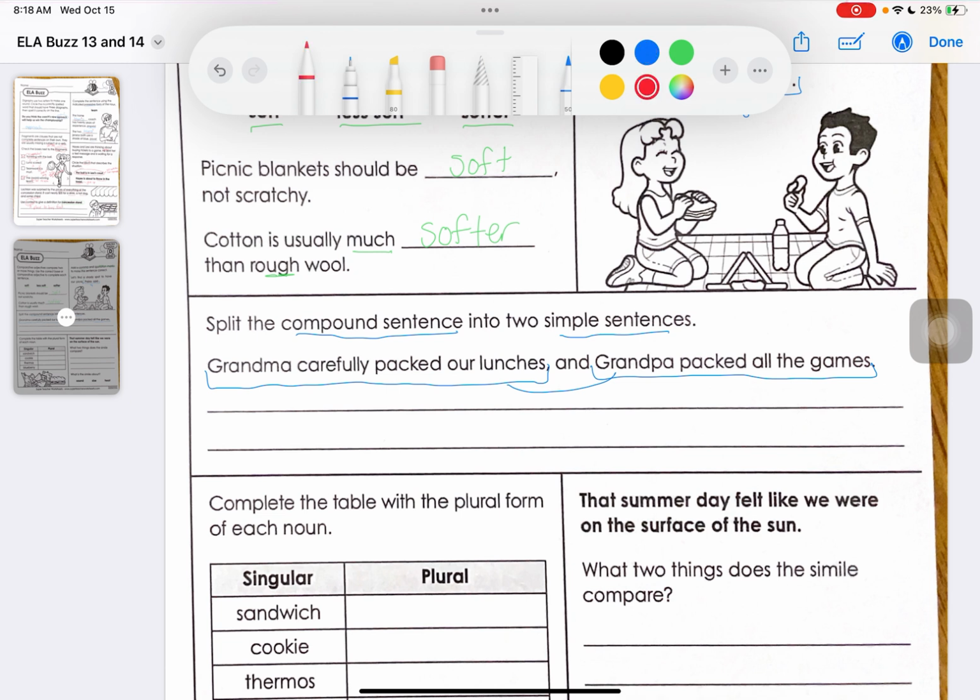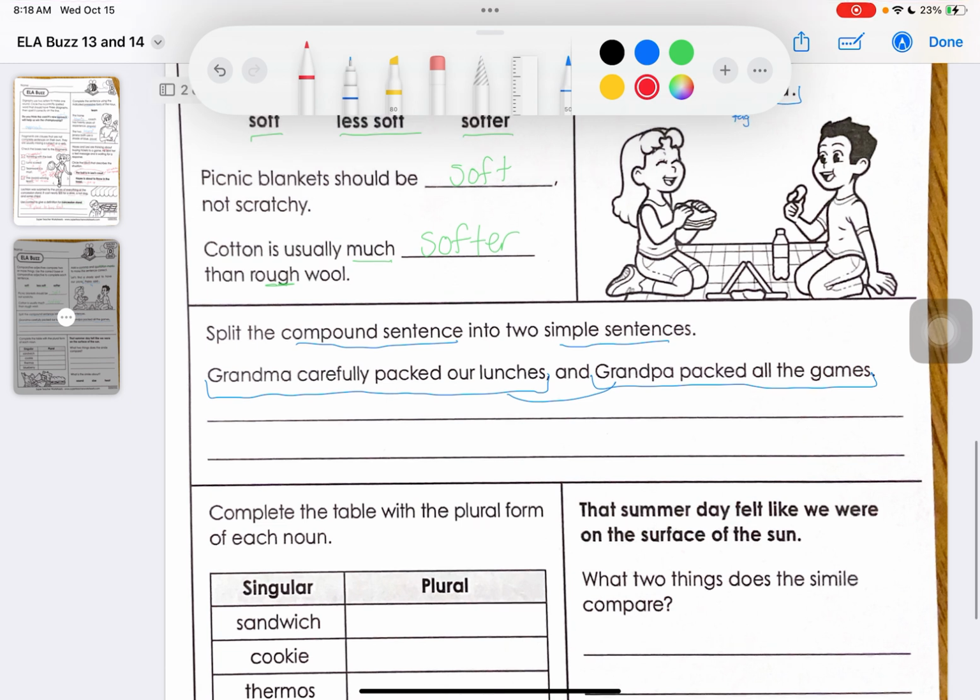So the first sentence would be, if it's okay, I'm not going to write it all out, but you can. It would be Grandma carefully, oh fine, I'll write it out. Carefully packed our lunches, period. That's the first one. Grandpa packed all the games.